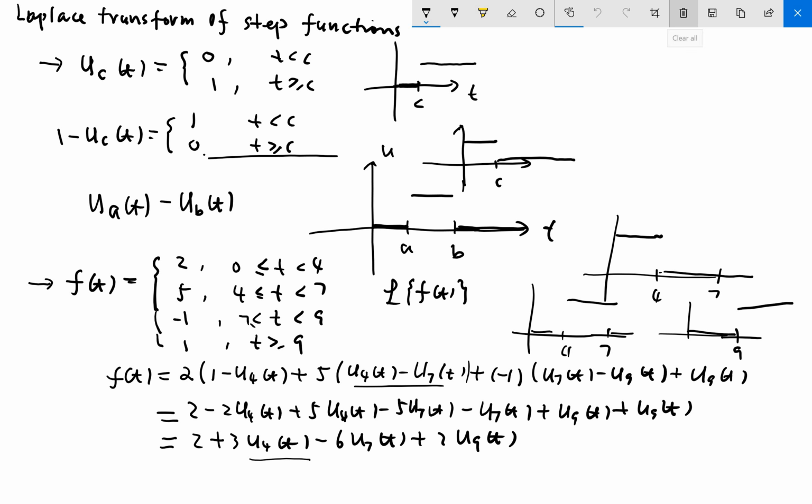Next, let's see how to find the Laplace transform for the step function. Now let's find the Laplace transform of u_c(t). By definition, it is the integral from 0 to infinity of e^(-st) u_c(t) dt. u_c(t) is piecewise defined, sometimes equal to 0, sometimes equal to 1, depending on your interval.